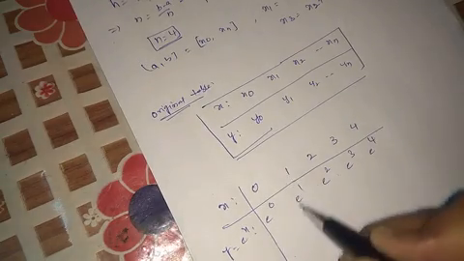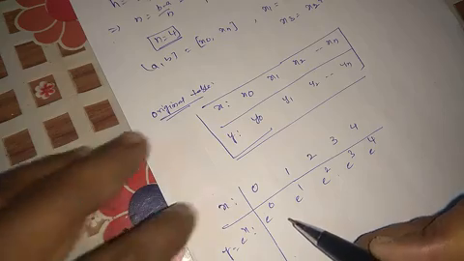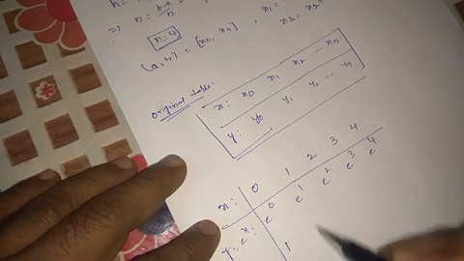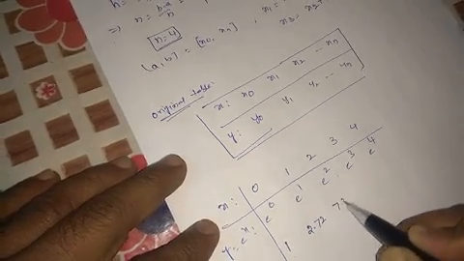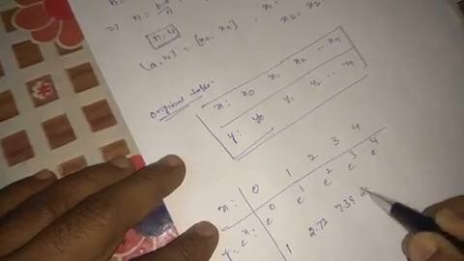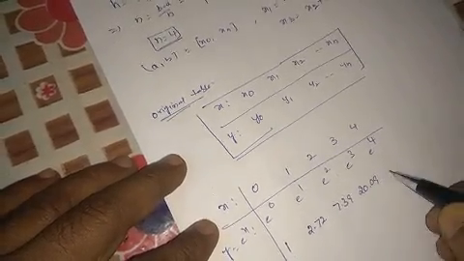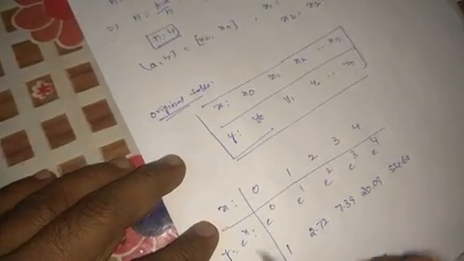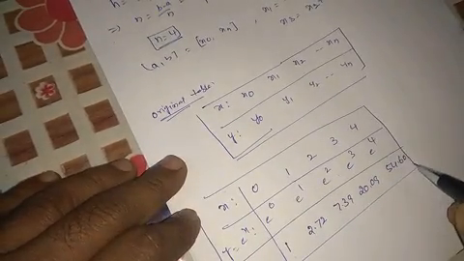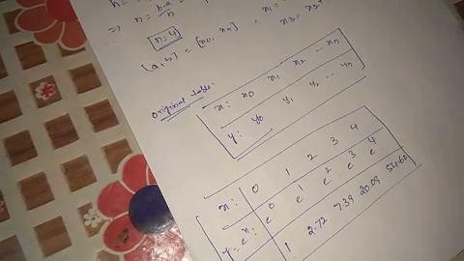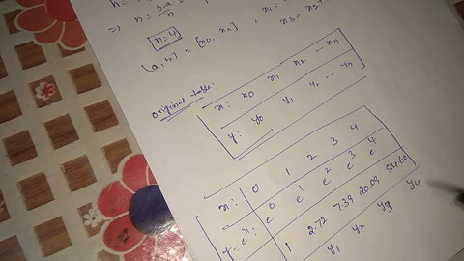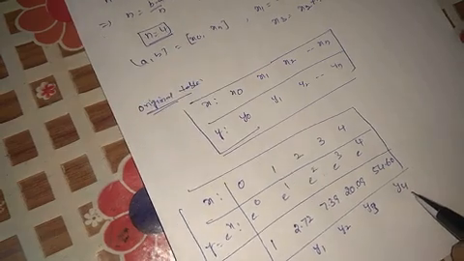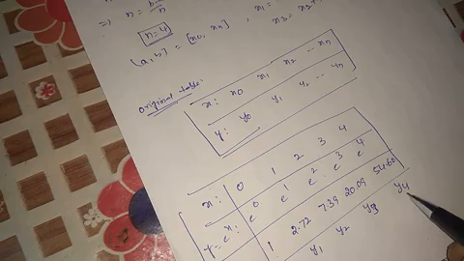Using calculator, we find e power 0 value, that is anything power 0 equal to 1, e power 1 equal to 2.72, e square is 7.39, e cubed is 20.09 and this is 50 point something. So like this we create a table: y0, y1, y2, y3 and y4. If we have n equal to 4 intervals, finally we get y4.